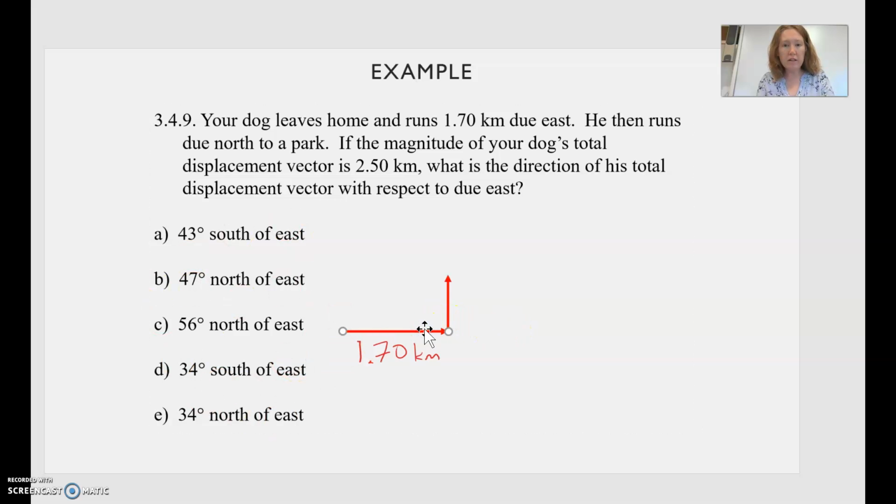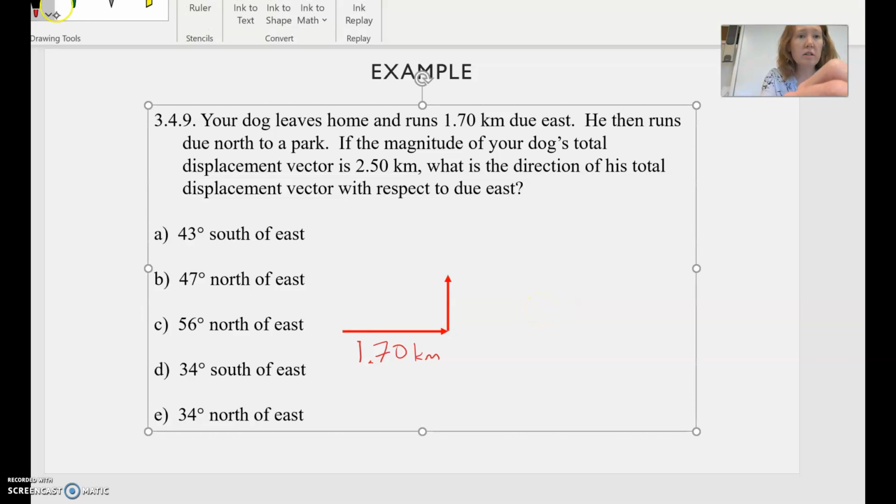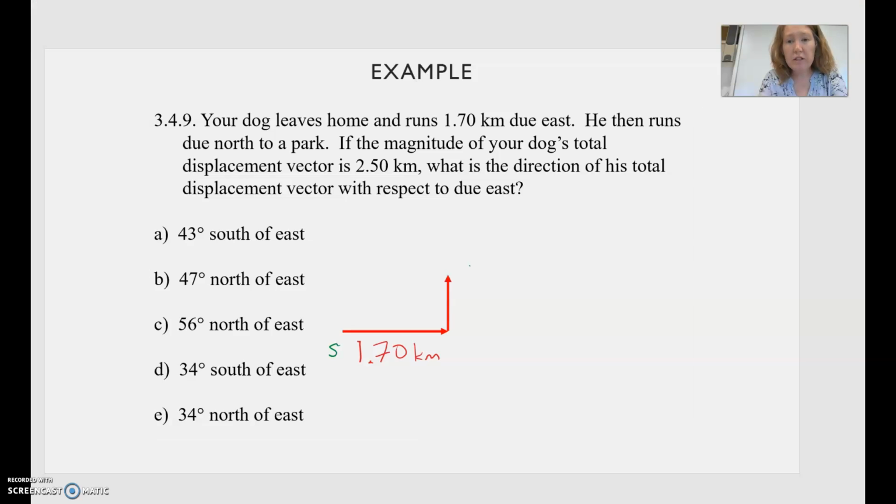Let's draw the overall displacement vector. Pick a different color than red. Here's where he started, here's where he finished. Draw the displacement vector. There it is, that's the overall. If you were in a car going to find your dog and you could go that diagonal route, you would.